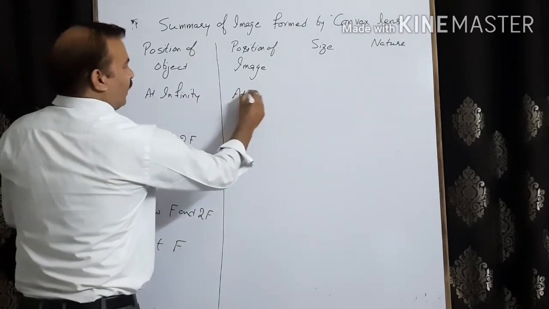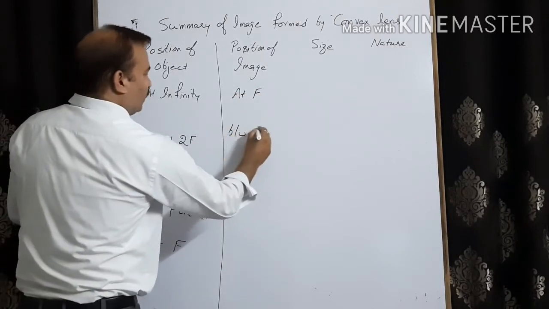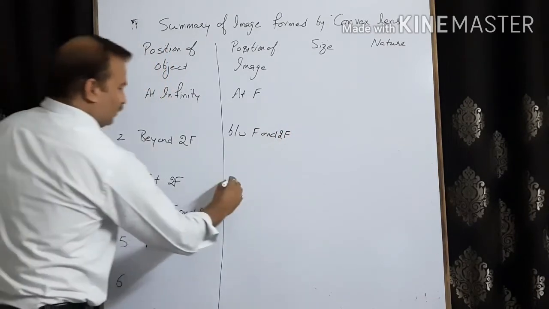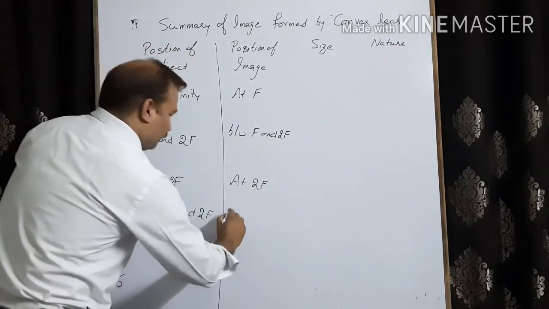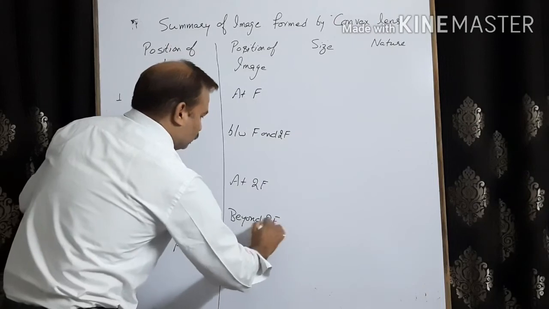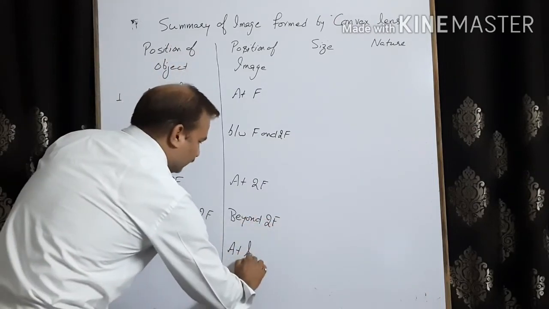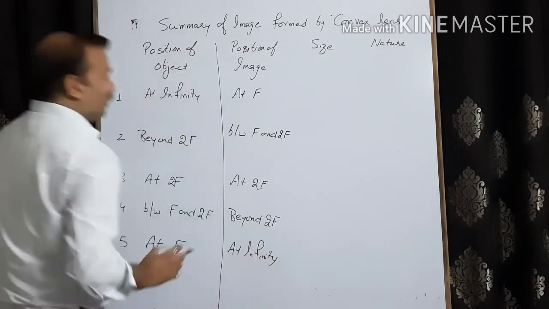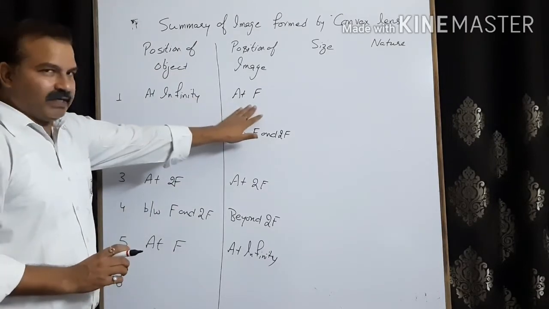First we will write at f, then between f and 2f, then at 2f, then beyond 2f, and then last is at infinity.